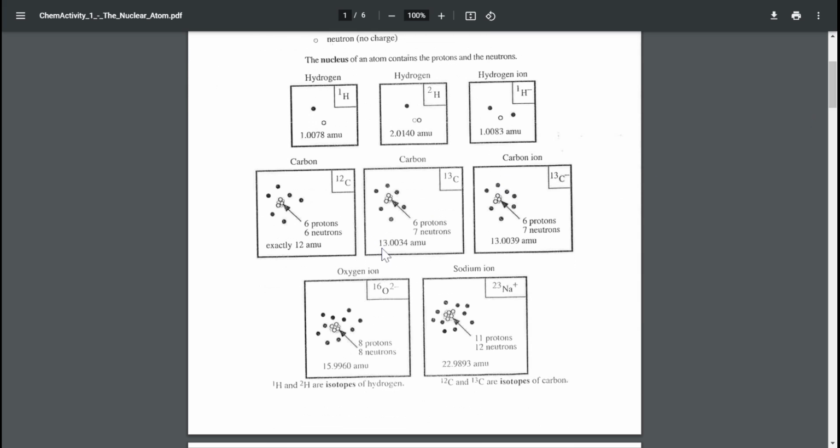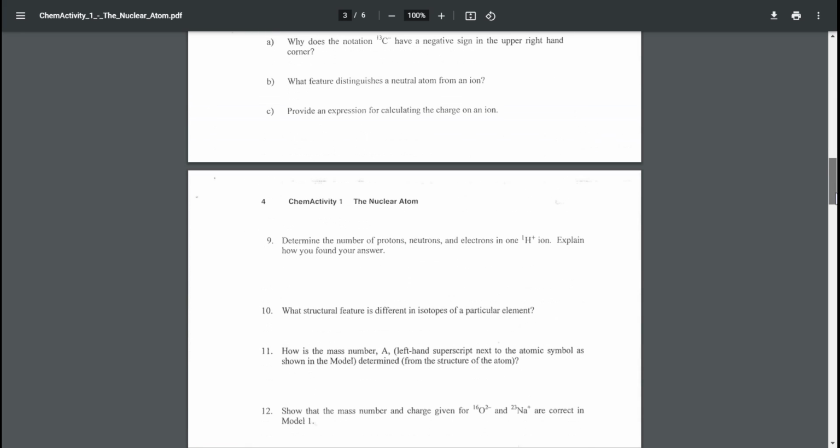This is the AMU, but in these little squares in the periodic table, you can have an average mass, it says here. Now, this is a specific mass for carbon-13, but since we have both carbon-12 and carbon-13 in the natural world out there, the average mass of all carbons is actually not going to be 12. So just keep that in mind.